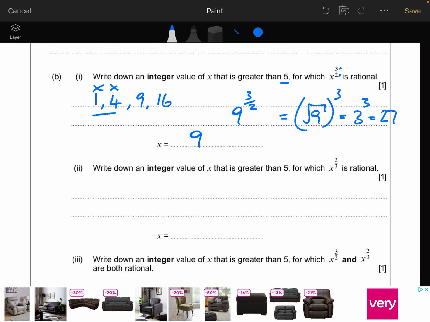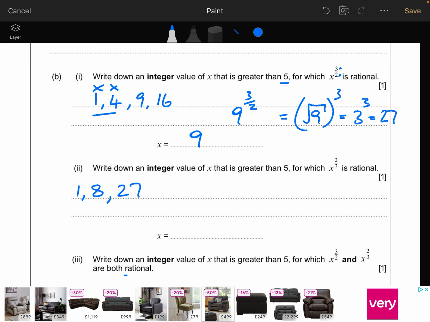Write down an integer value of x greater than 5 for which x to the 2 over 3 is rational. In a likewise way, we're going to take cube numbers here. 1 times 1 times 1 is 1, then 2 cubed is 8, and 3 cubed is 27.